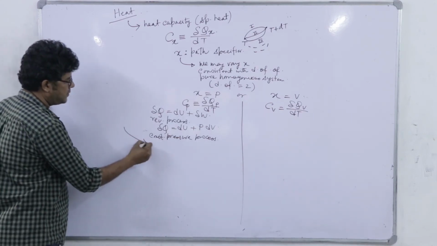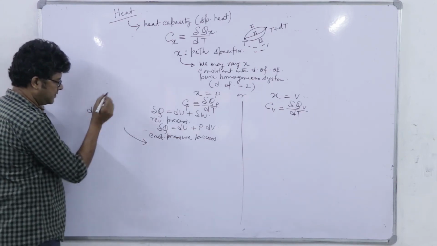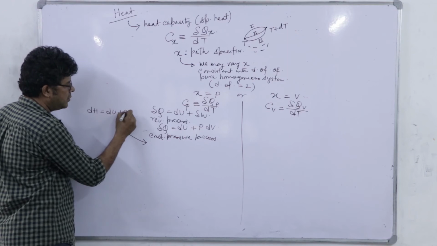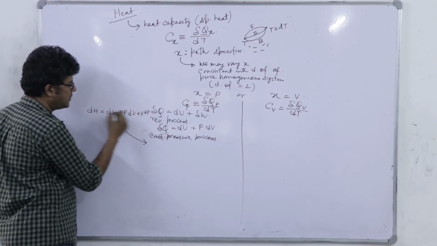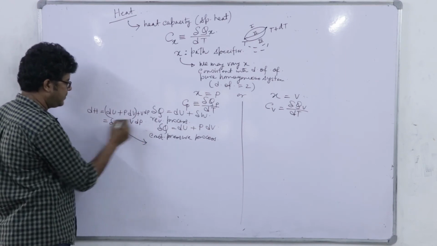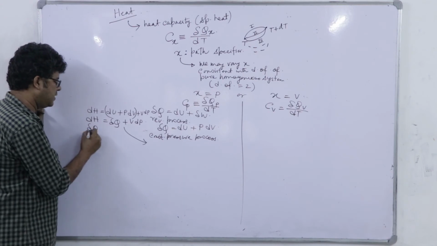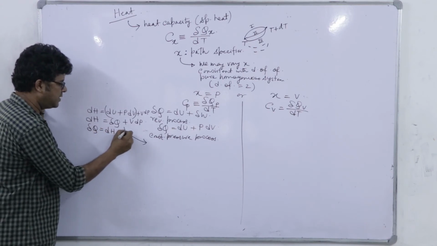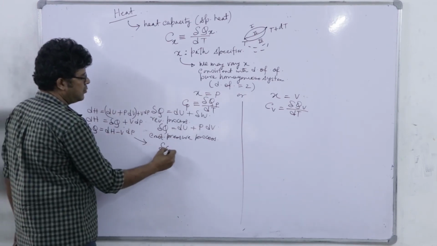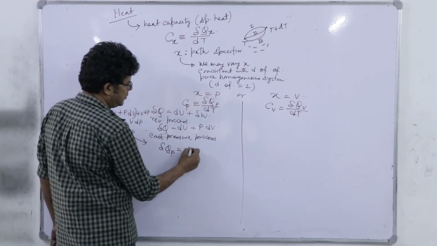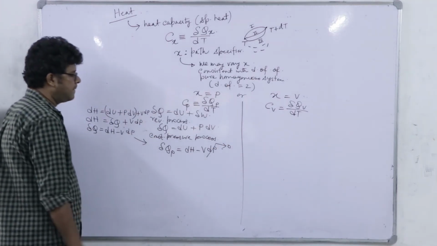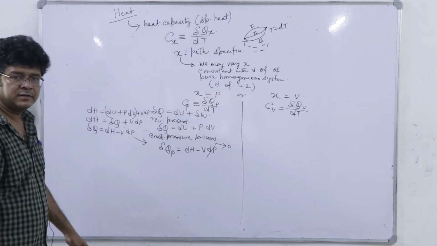You see, dH, as we discussed just in the last page of the previous session, is dU plus PdV plus VdP. So for a reversible process, that is delQ plus VdP, right? So delQ is equal to dH minus VdP. We use it here. So delQp is equal to dH minus VdP, and that is 0. So delQp equal to dH.